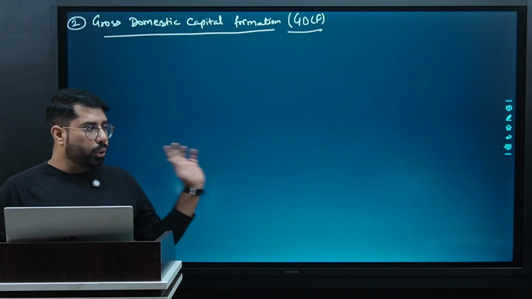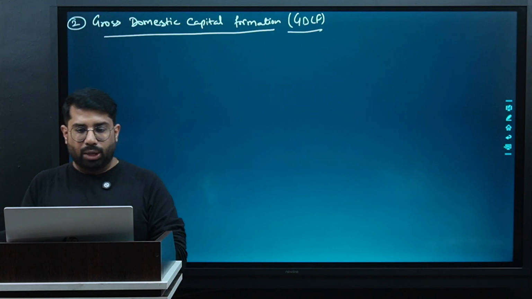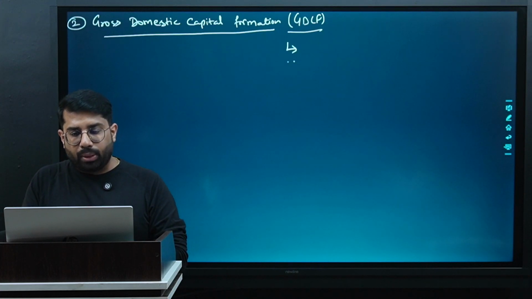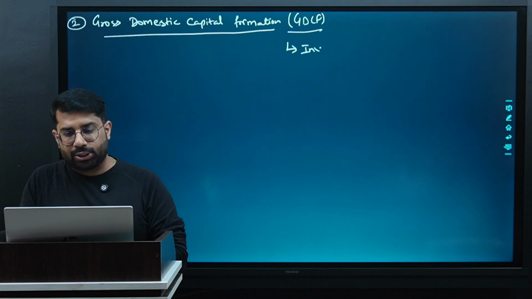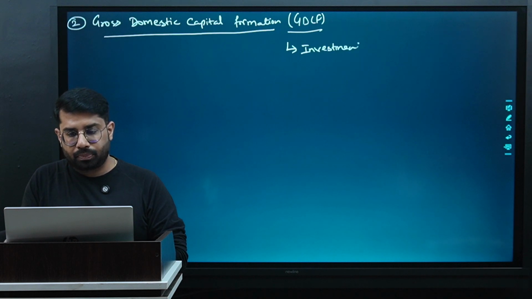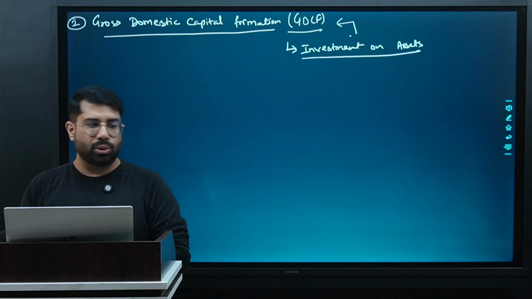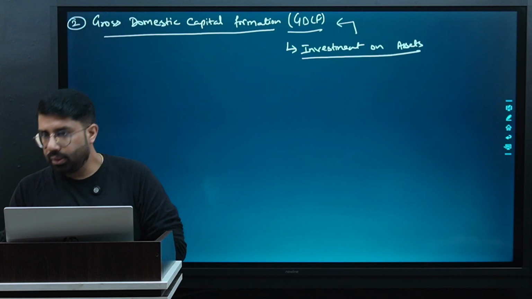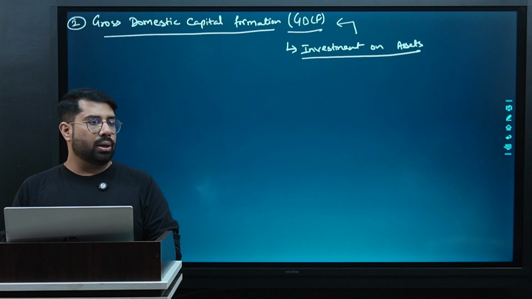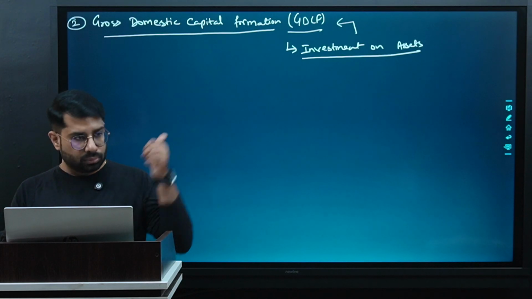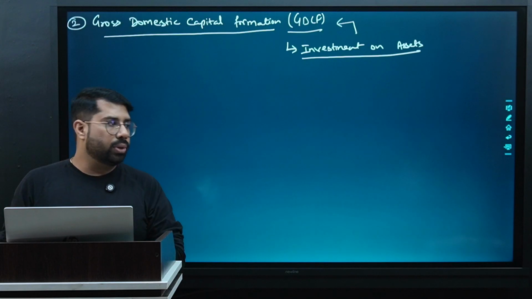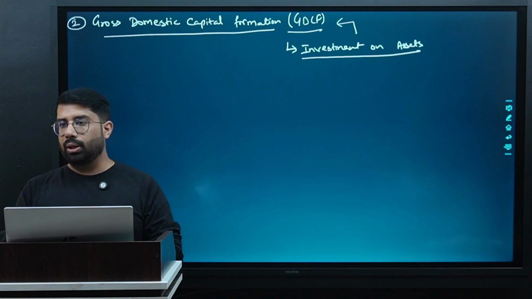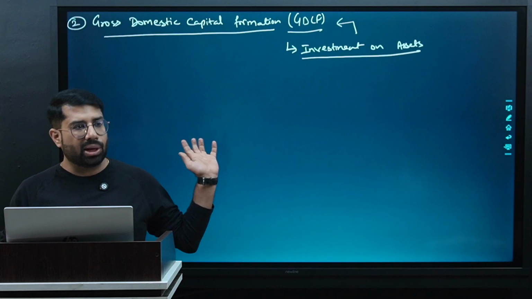If I just put this thing into simple words, I would say whatever investment we are doing on assets, we will take it in GDCF, right? For example, if you are constructing a new building, it will be here. For example, if you are constructing a new thing, any infrastructure development will come here.